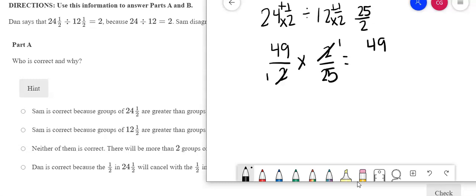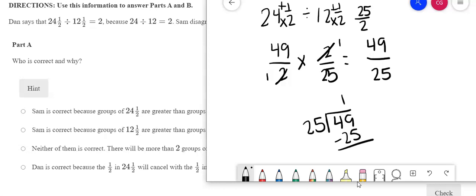I get 49 over 25. So 49 divided by 25. You can only go in there once. Nine minus 5 is 4. 4 minus 2. So 1 and 24 over 25. That is less than 2 groups. So Dan is not correct.